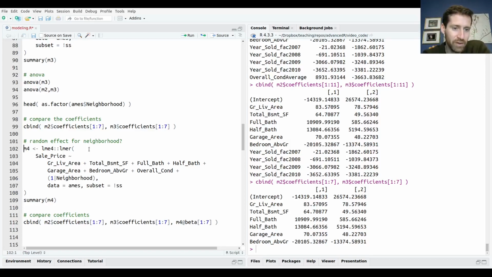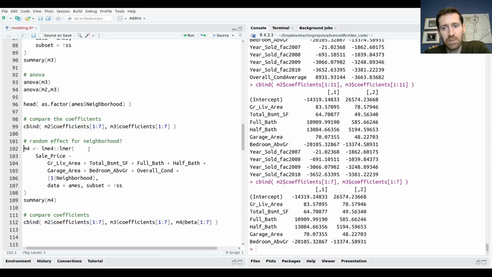Basically, the way I view having neighborhood as a random effect versus a fixed effect, it's not that you think the effect is random. You hear that said a lot, but that's actually not a good justification in my view. A better justification is that the actual assumption is that the neighborhood effects are random and normally distributed in this model.